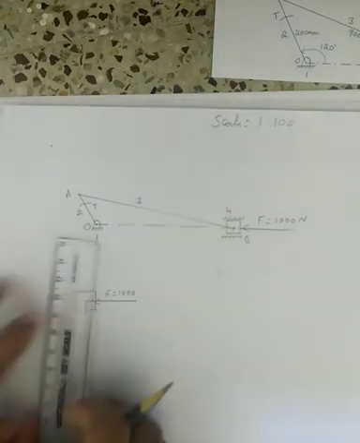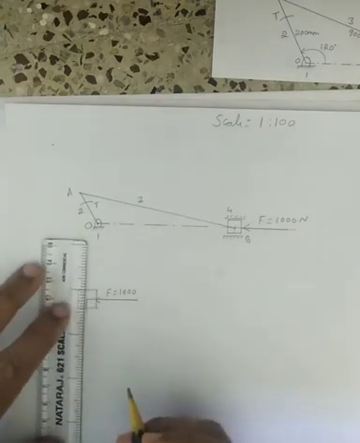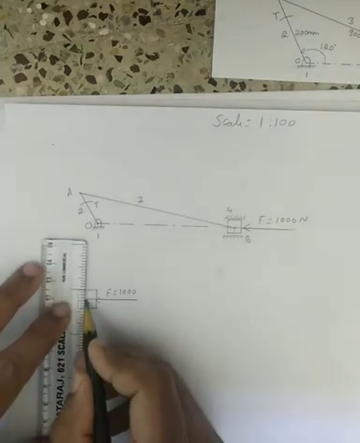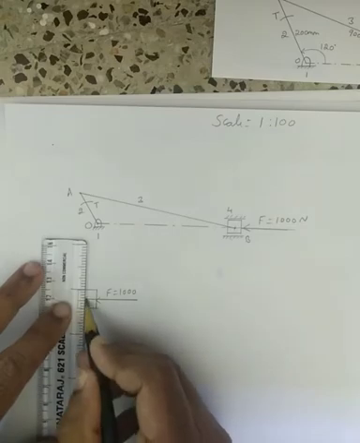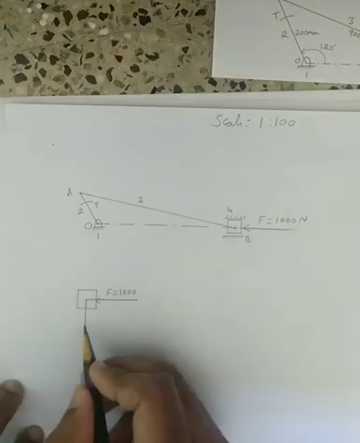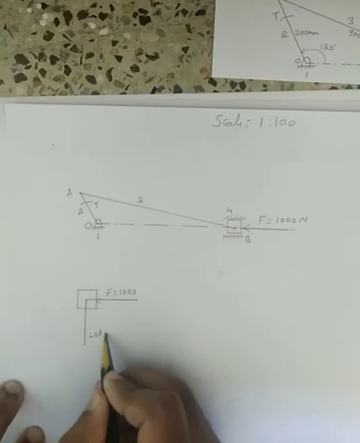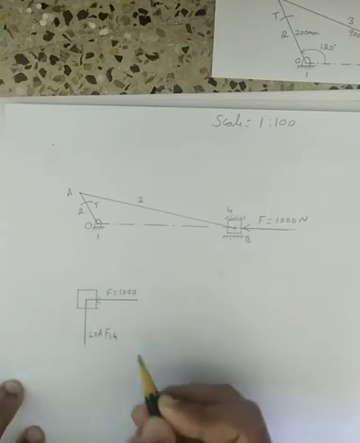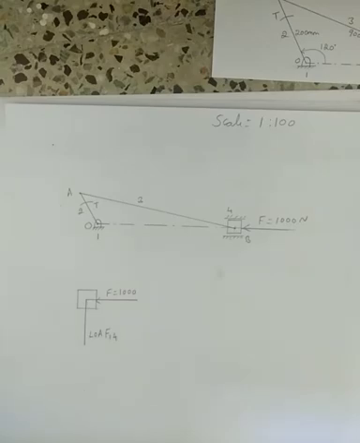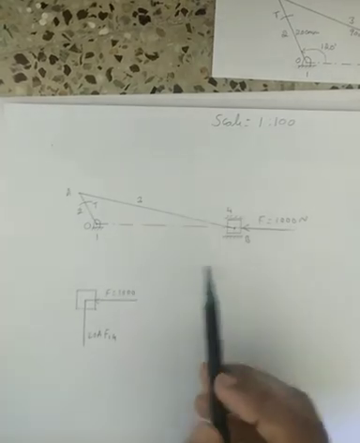So we don't know the direction of it. It is the line of action of F14. Now we know the line of action of F34.